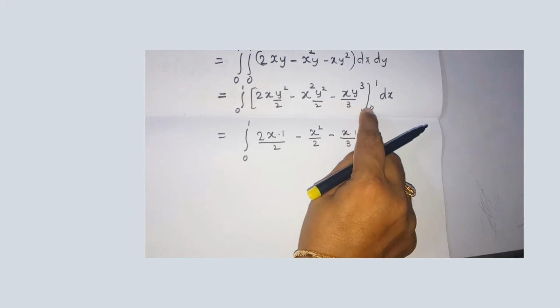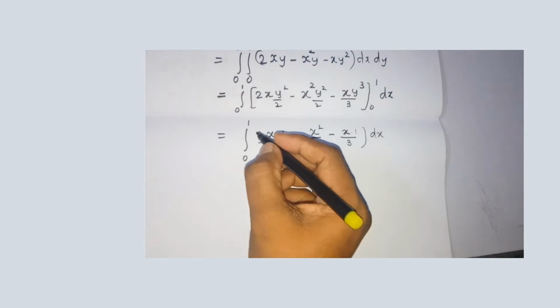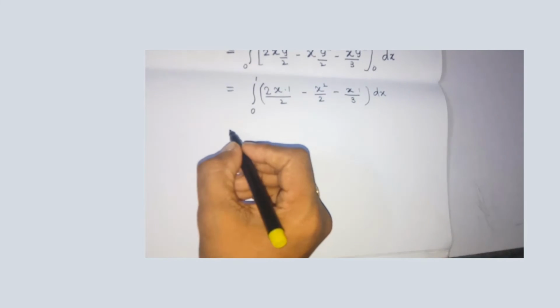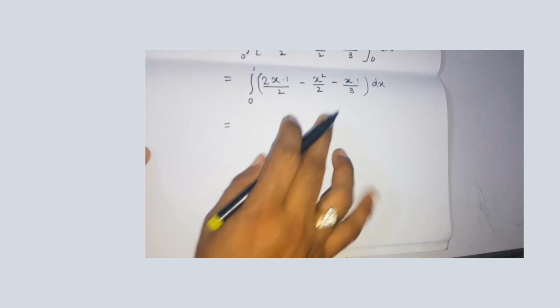Anyways the lower limit 0 will fetch me the value as 0, so no need of writing it once again. Okay, now I need to integrate with respect to x.